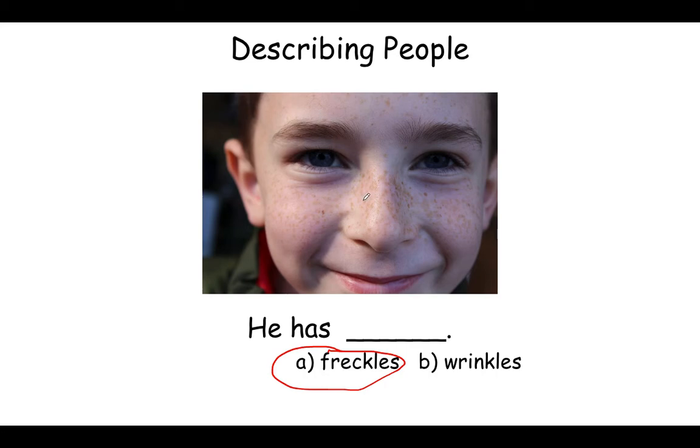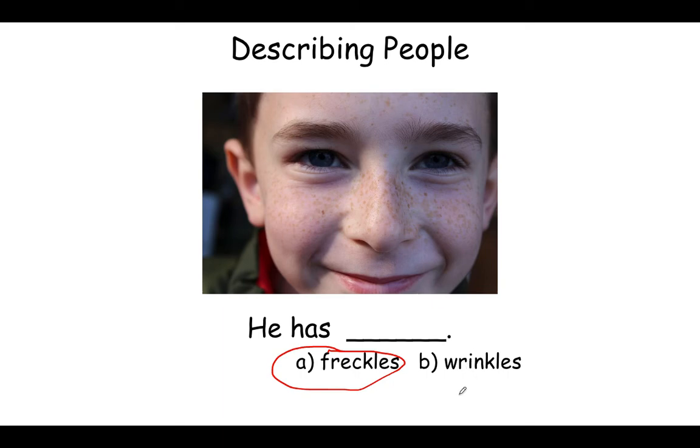It just means little parts of the skin that have dots on them. People can also have freckles on their body, but most of the time it's on their face.